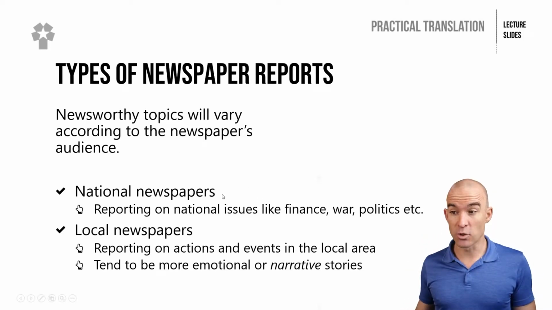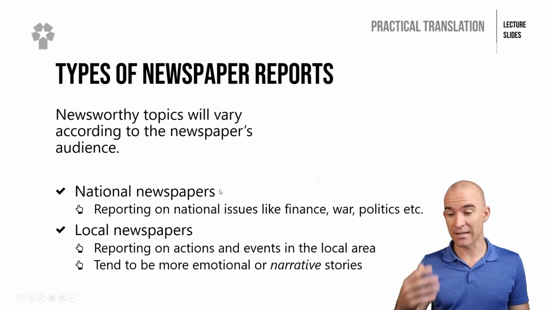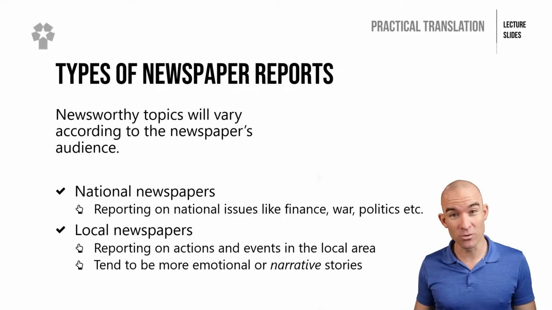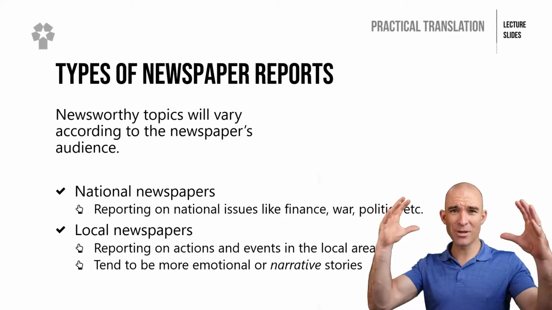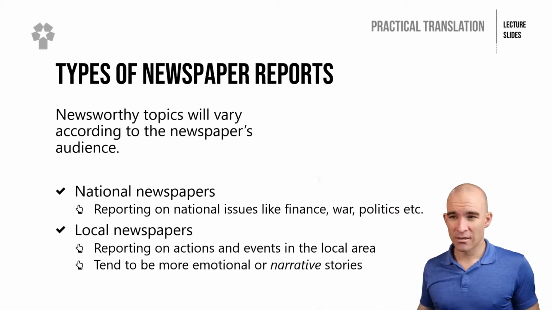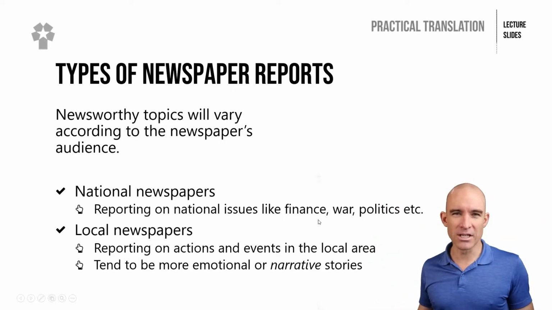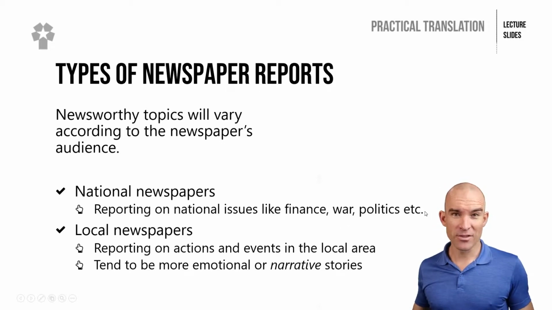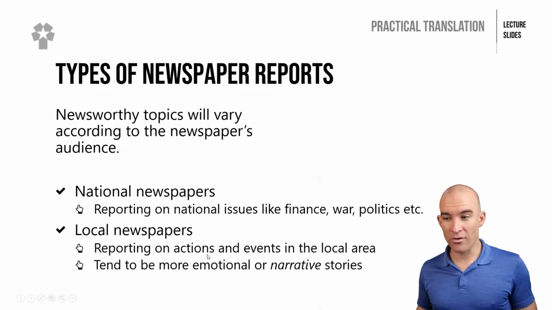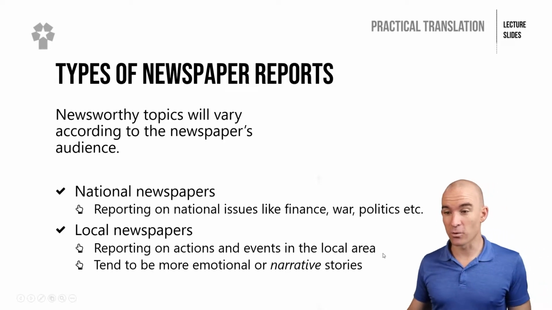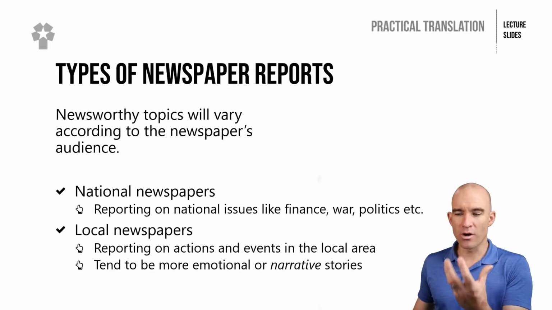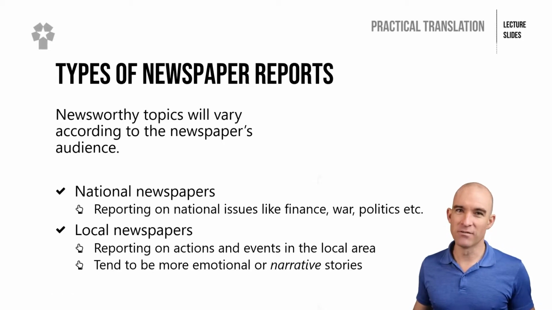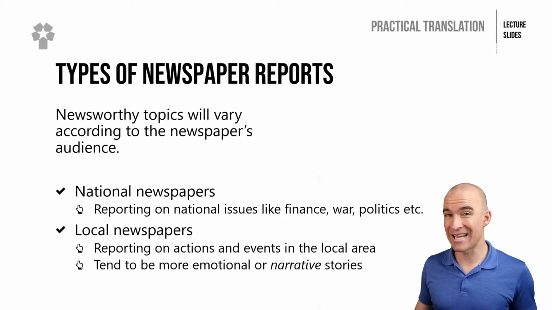So national newspapers like Asahi Shimbun, Yomiuri Shimbun, those really big national papers, they tend to report on national issues like finance, war, politics, and that kind of thing. Things that are of interest nationally. Local newspapers, they tend to report on actions and events in the local area, and they tend to be more emotional or narrative-like in the way that they tell the stories.